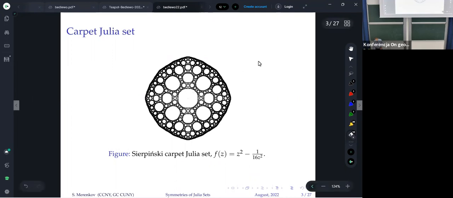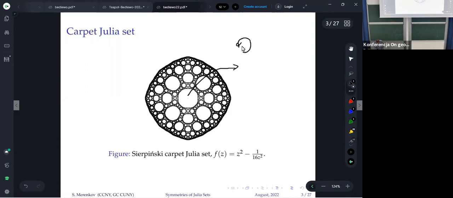In this particular example, the immediate basin of infinity is fixed, as you can see from the formula. The neighborhood of the origin here gets mapped, maybe I'll draw, gets mapped here, and then this stays.